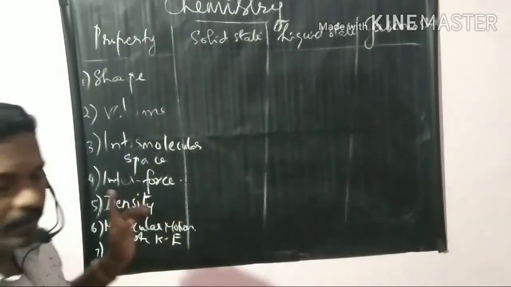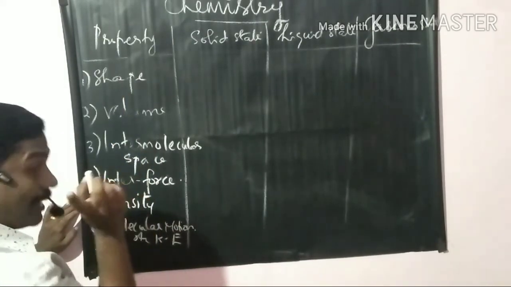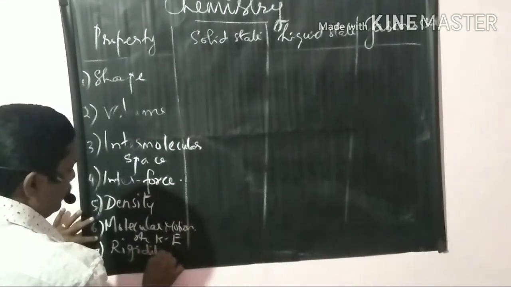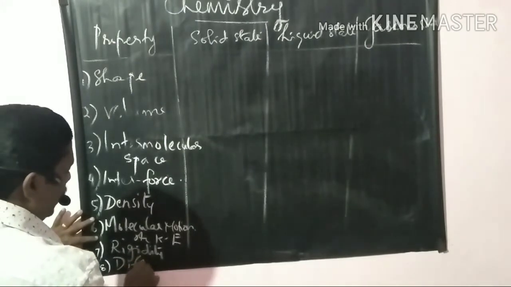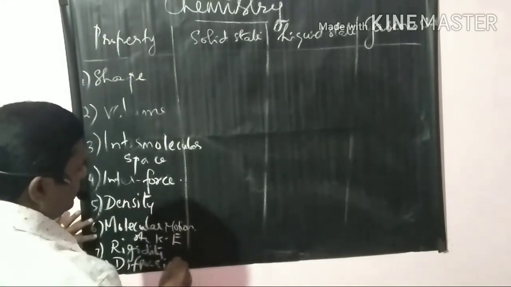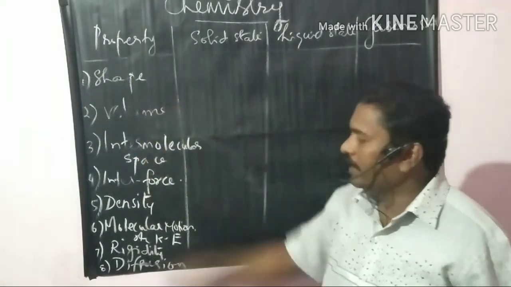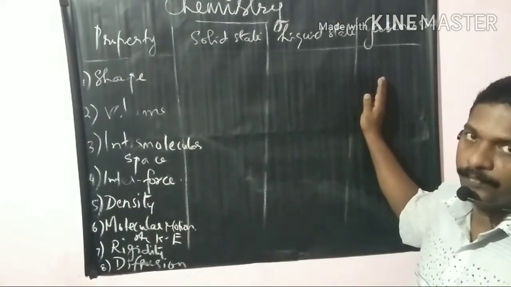I think we forgot one. Rigidity. Very good. And finally, diffusion. So you have to mention these 8 points while studying the properties of solids, liquids and gases.